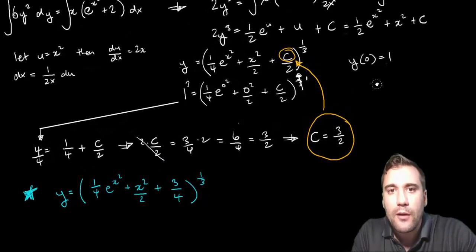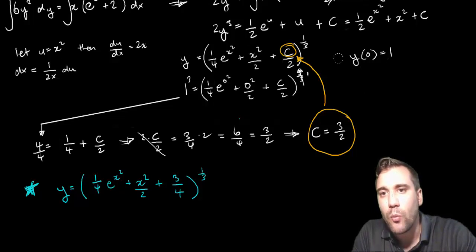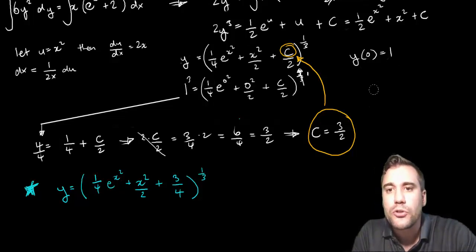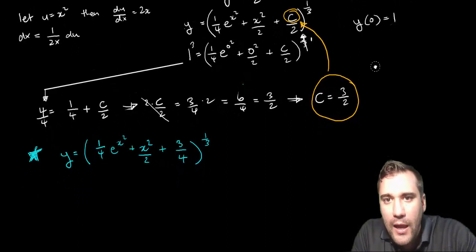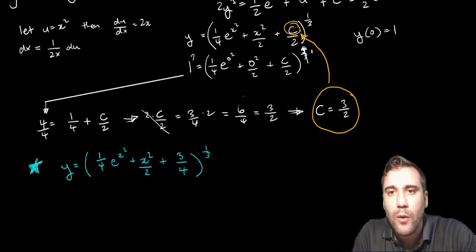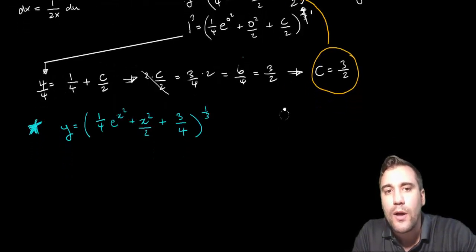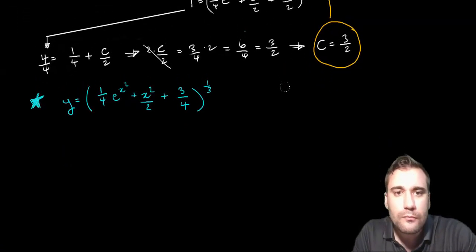Then we found a general solution. We just rearranged for y, and we got y as a function of x with a constant of integration still in there. We used our initial condition of y of 0 equals 1 to solve for the constant, and then we reinserted the constant into the general equation with the value we found to get a specific solution to the differential equation, which is down here.